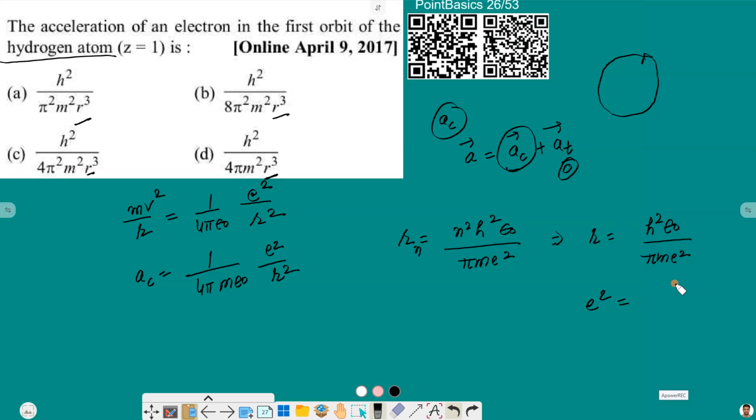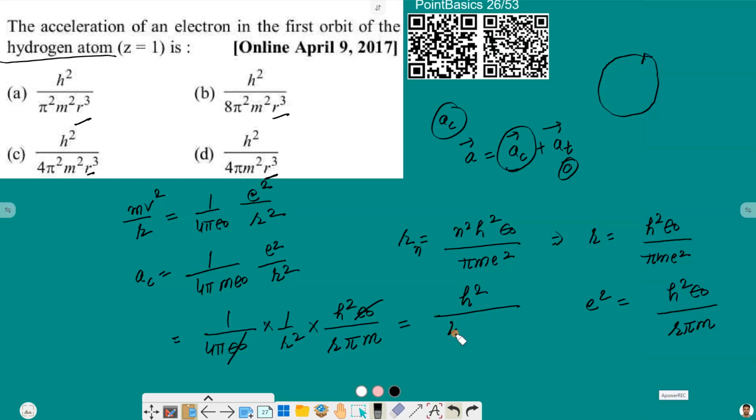So from this, e square is equal to h square epsilon naught by r pi m. So this will become 1 by 4 pi epsilon naught into 1 by r square into e square, that is h square epsilon naught by r pi m. So epsilon naught gets cancelled and our relation comes out to be h square divided by 4 pi square m r cube.